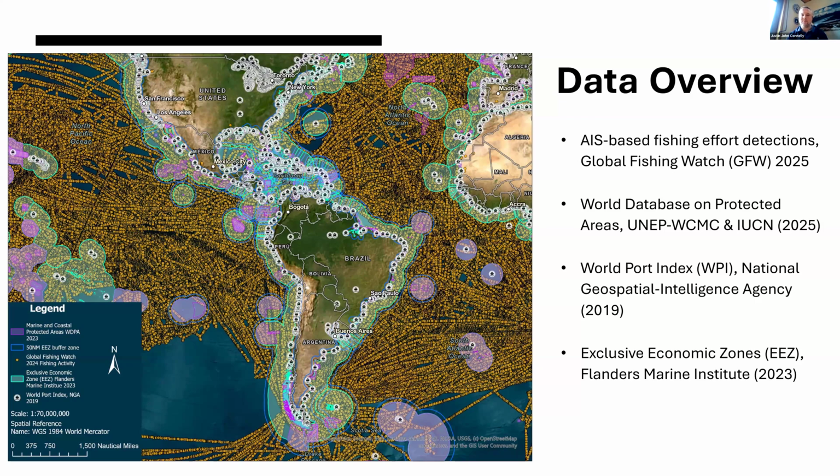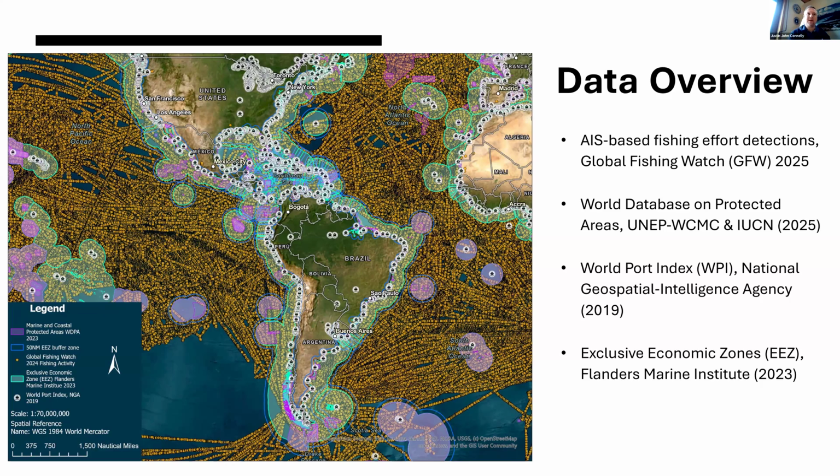And Global Fishing Watch does a lot of the AI, the deep learning, convolutional neural network processing to say this vessel in this area traveling at this speed and the patterns of changing course is likely to be fishing.